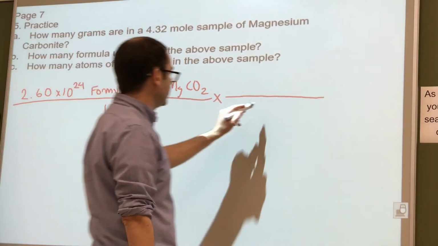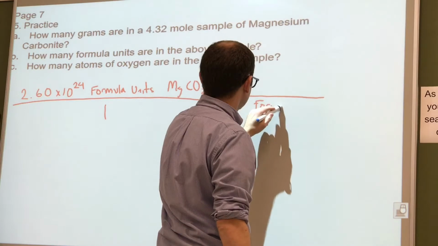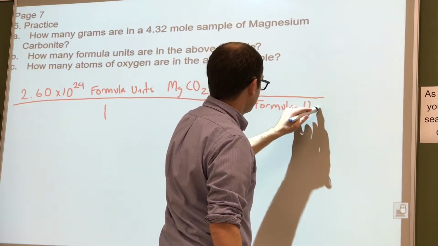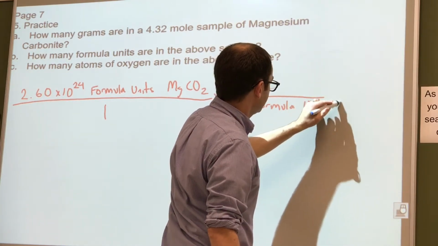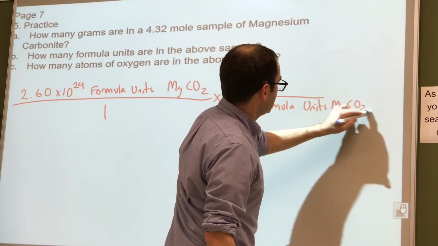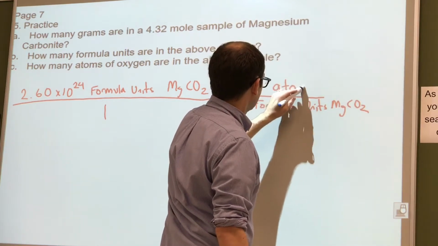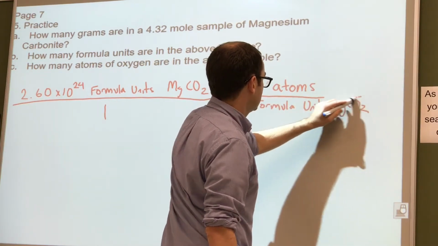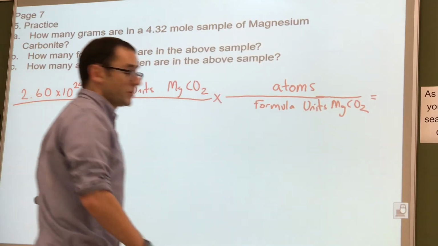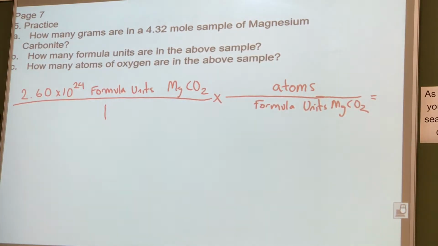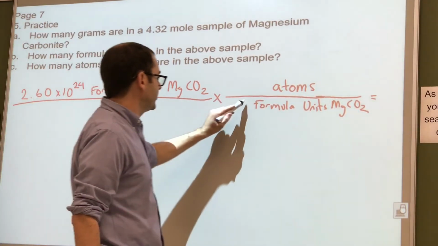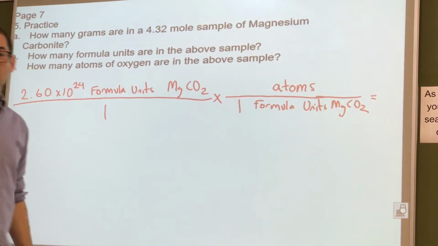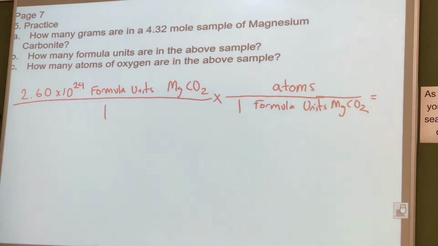Formula units, good. What's going to go on the top? Okay. Let's talk numbers. What number is going to go on the bottom? 1, good. Yeah, there's 1 formula unit in how many atoms? Or how many atoms are in 1 formula unit?